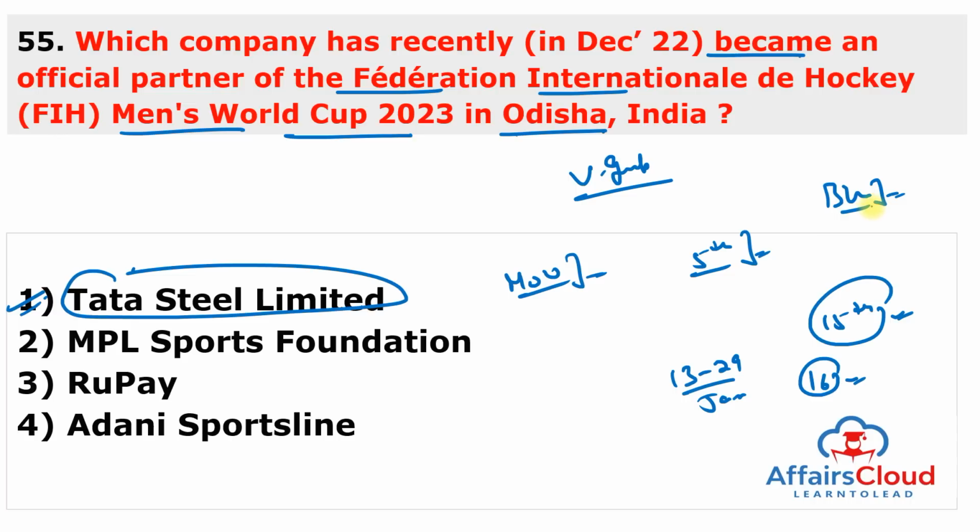Odisha Hockey Men's World Cup 2023 will be India's 4th hosting of the prestigious tournament, following the hosting in 1982 in Bombay, 2010 in New Delhi, 2018 in Odisha, and now again in 2023 in Odisha.